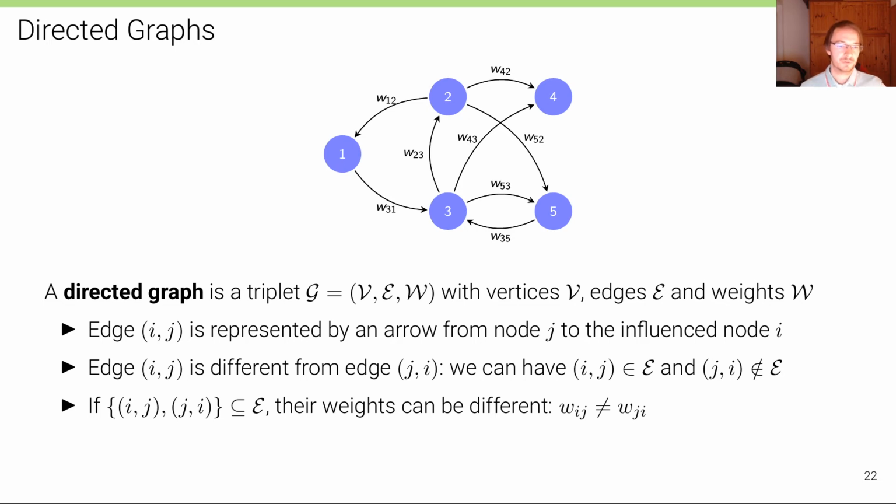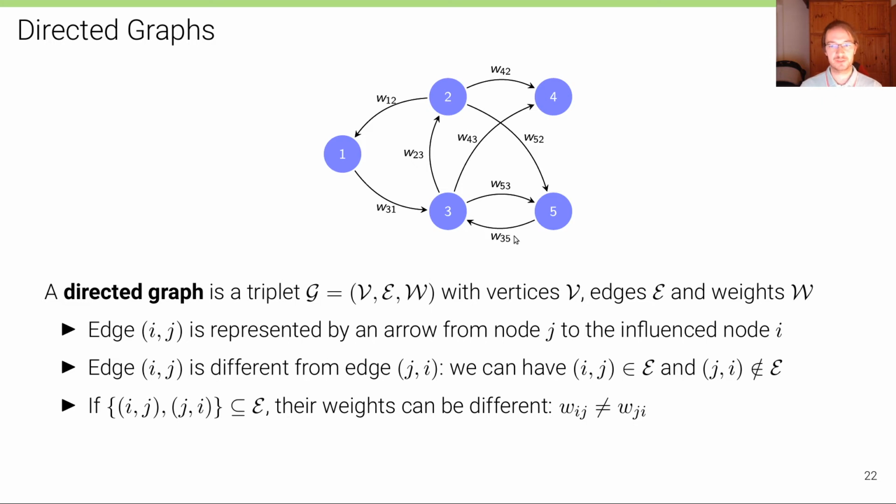It's also important to note that edge ij is different from edge ji. In a directed graph, we can have, for instance, edge ij, as in the case here, but not edge ji. In some cases, we might have both, but we don't necessarily have to have both. Both are possible and both are different.